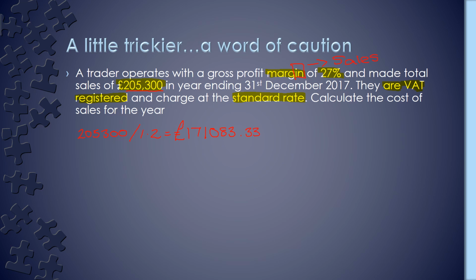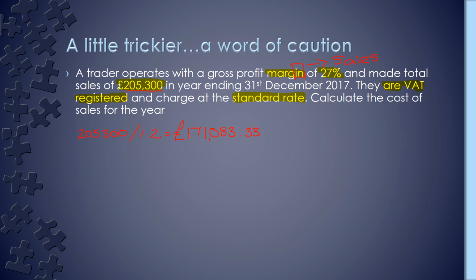So there's a little bit of rounding going on in this question, but it doesn't affect the outcome. So there's our gross figure, 205,300 divided by 1.2, or whichever your preferred method is of working out what the net value is for VAT.